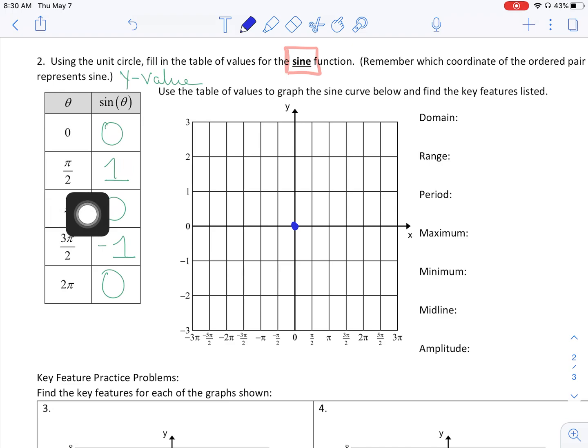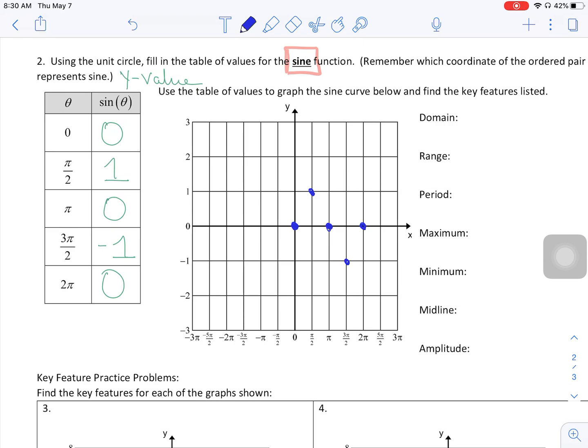Okay, pi over 2, 1, so pi over 2 is this next unit over, pop up to 1. Then I've got pi, 0, so I'm going to go one more unit over, keep it on the midline. 3 pi over 2 is right here, but that's negative 1. And then 2 pi is to the middle.